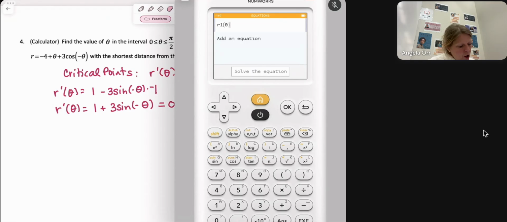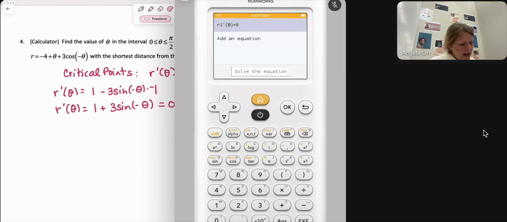So I want to know when the derivative of this function, so I'm going to hit alpha, toolbox, to put my prime after the 1. And I want to know when this is equal to a value of 0.